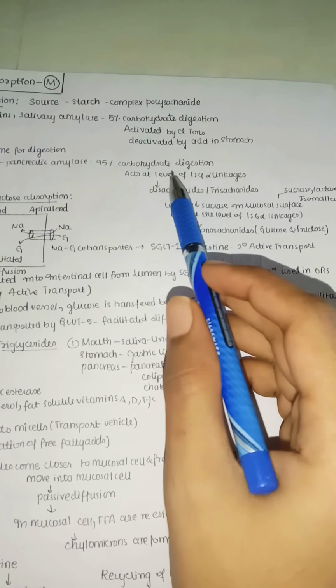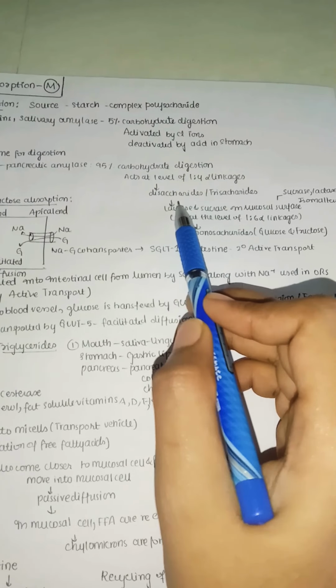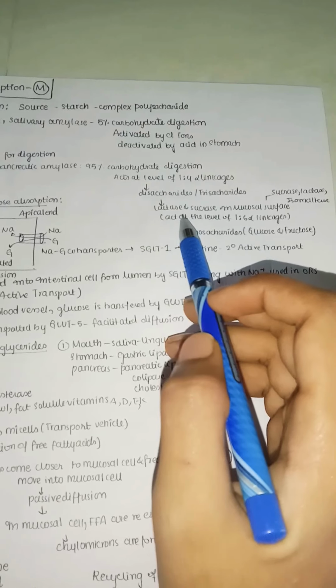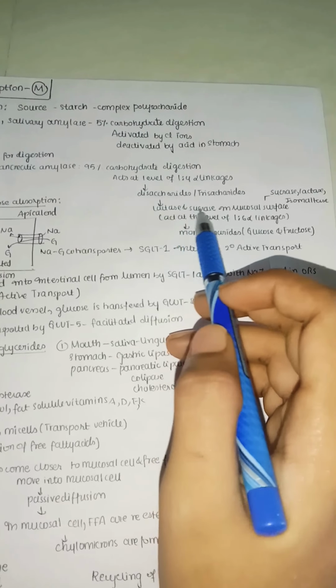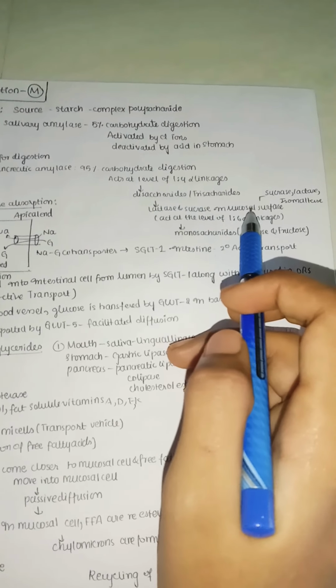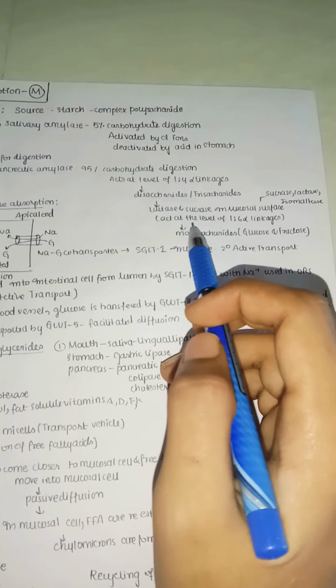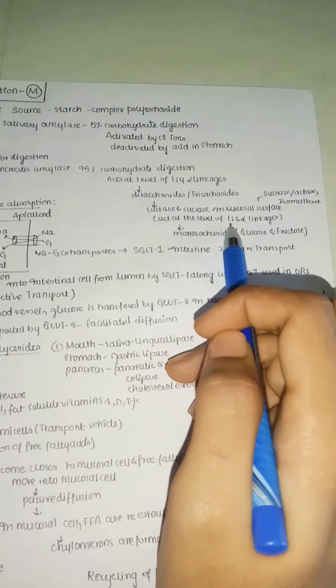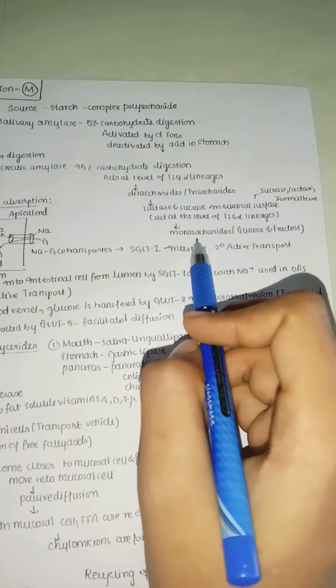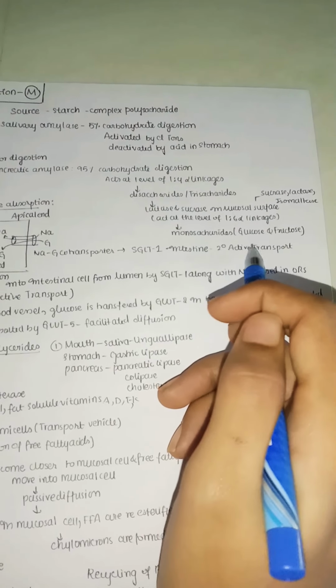Because of this, the polysaccharide is converted into disaccharides or trisaccharides, and these, in the presence of lactase, sucrase and isomaltase, which are present on the mucosal surface of the small intestine and act at the 1:6 alpha linkage, are converted into monosaccharides. The monosaccharides are nothing but glucose and fructose.